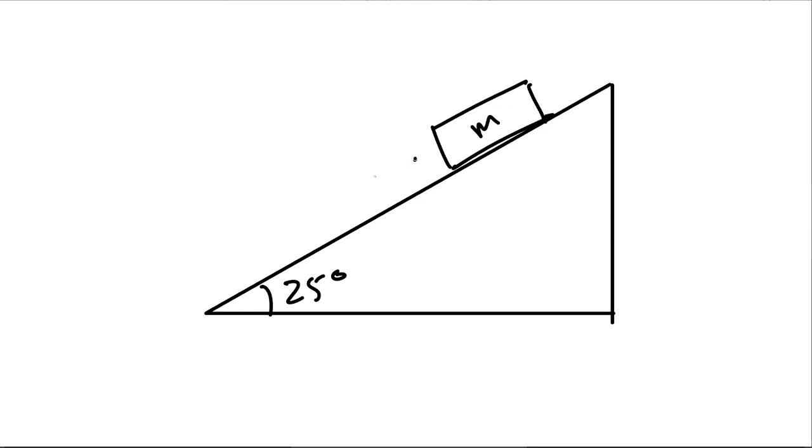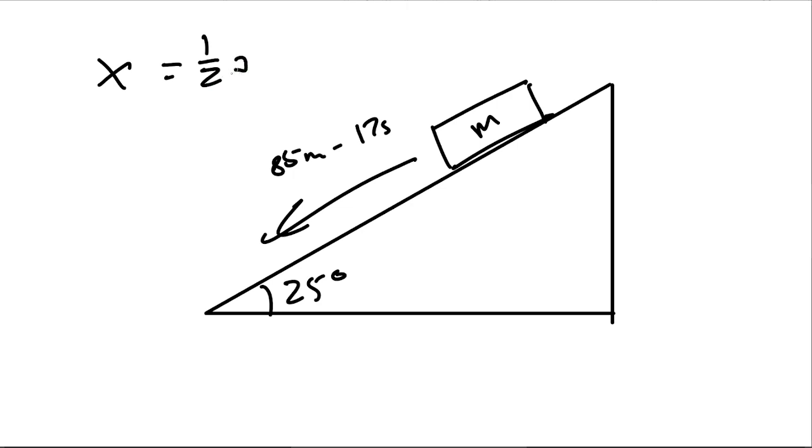So this travels 85 meters in 17 seconds, right? So our position is equal to 1/2 a t squared, right? We have no initial position and no initial velocity. We start from rest and we go down.